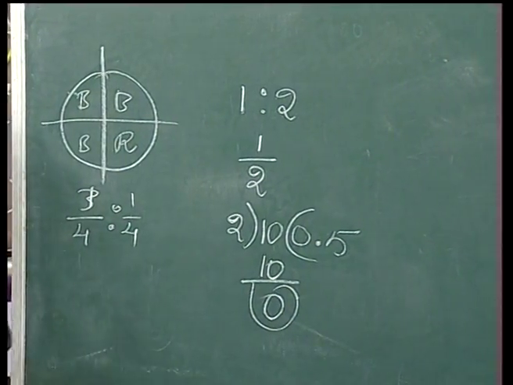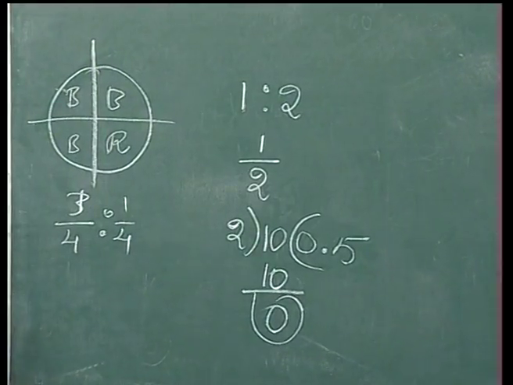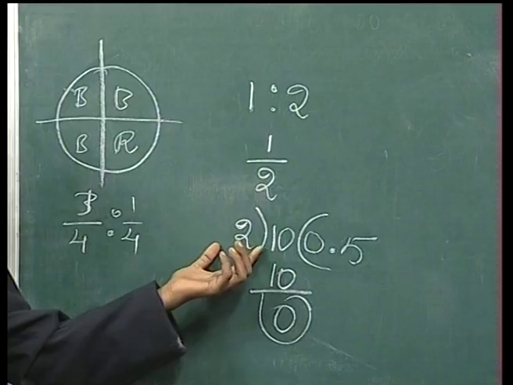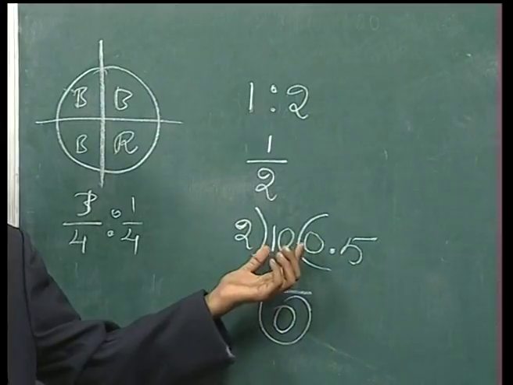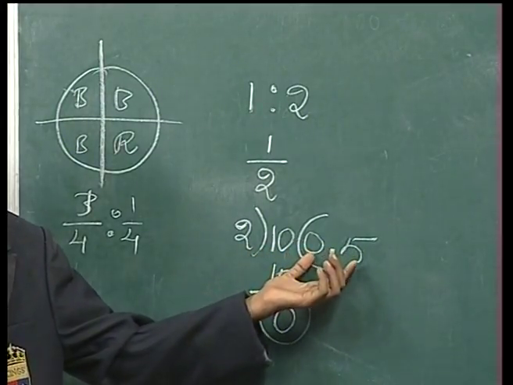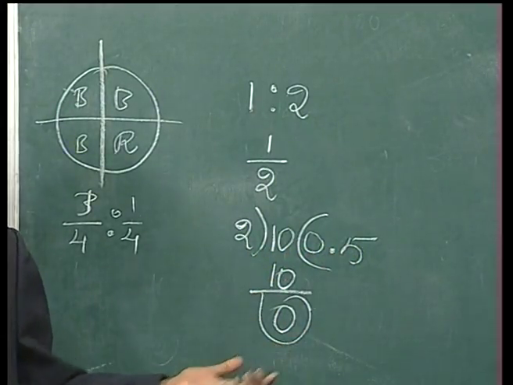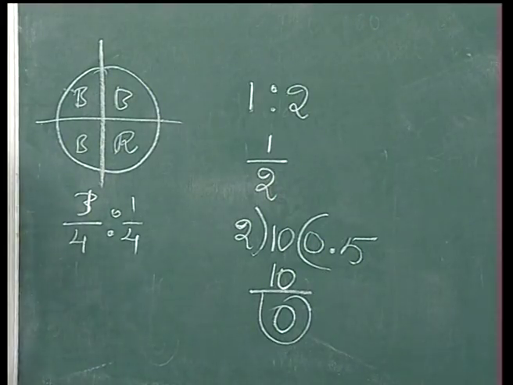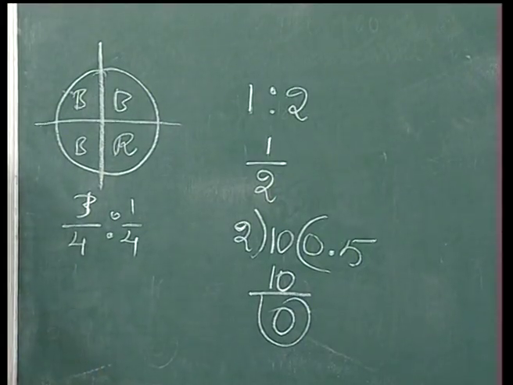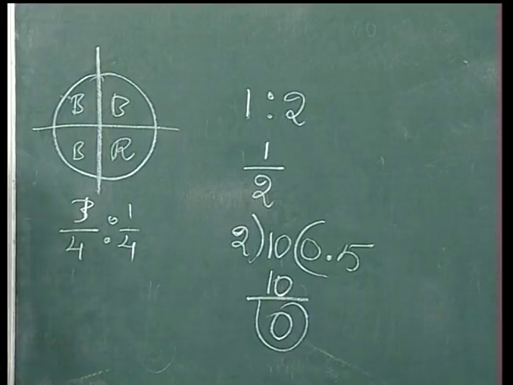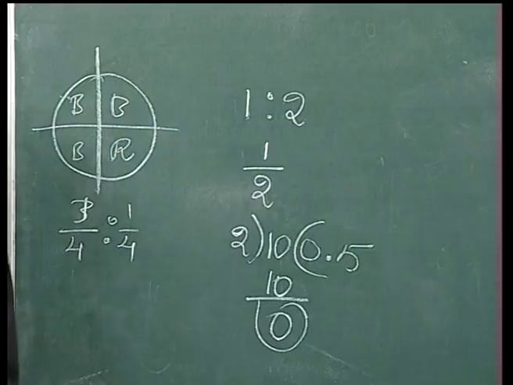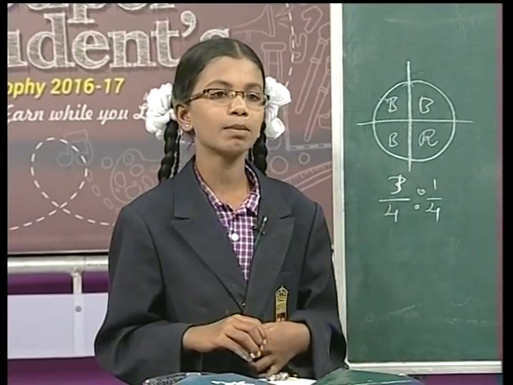Friends, in this division, 2 is called the divisor, 10 is called the dividend, 0.5 is called the quotient, and 0 is called the remainder. Friends, among all these numbers, which is different? 0.5 is different. These types of numbers are called decimal numbers.